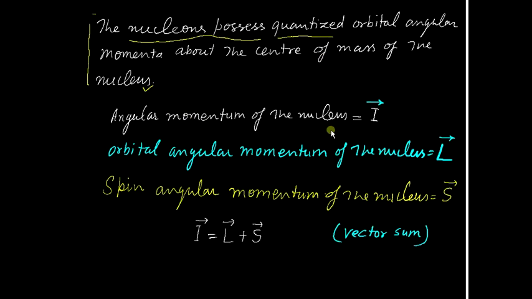Angular momentum of the nucleus is represented by capital I. Orbital angular momentum of the nucleus is represented by capital L, and spin angular momentum of the nucleus is represented by capital S. So the nuclear angular momentum of the nucleus is the vector sum of the orbital angular momentum and spin angular momentum.